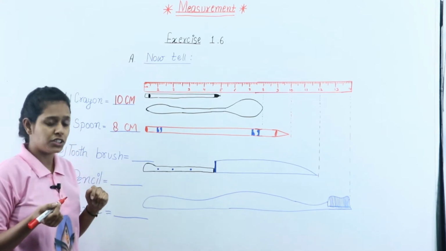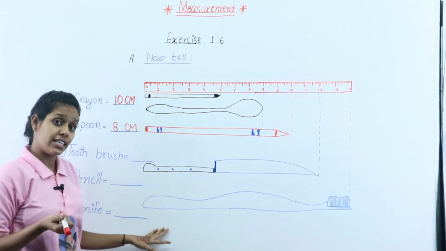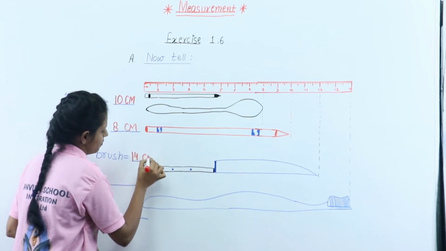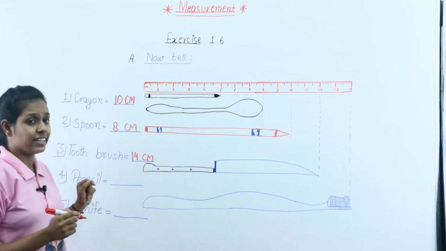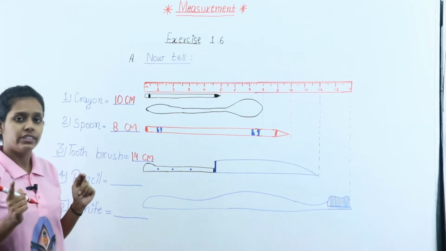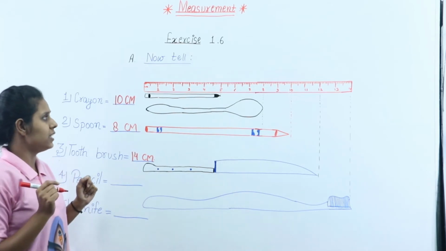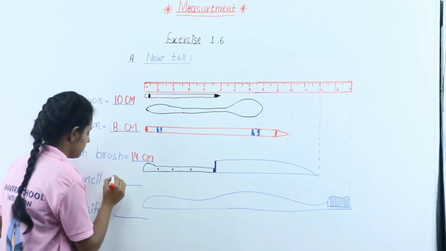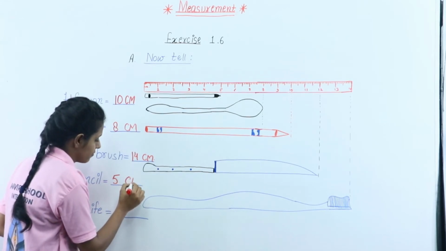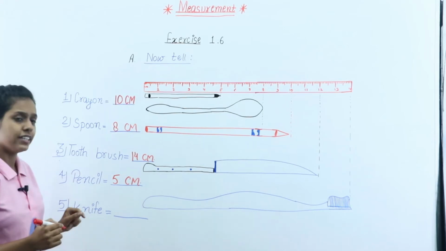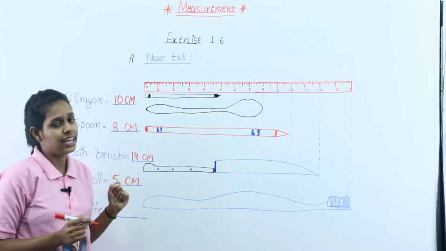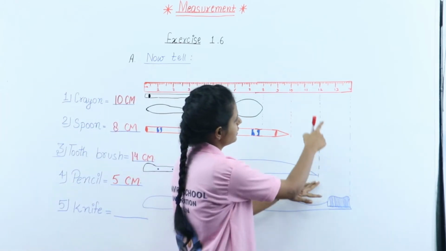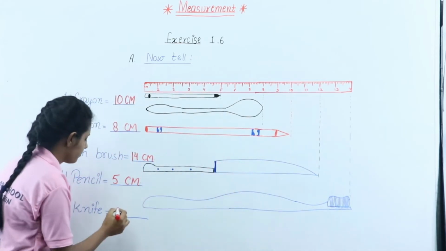What is the length of the toothbrush? The length of the toothbrush is 14 centimeter. Next is a pencil. Tell the length of the pencil. The length of the pencil is 5 centimeter. Next is a knife. What is the length of the knife? The length of the knife is 12 centimeter long.